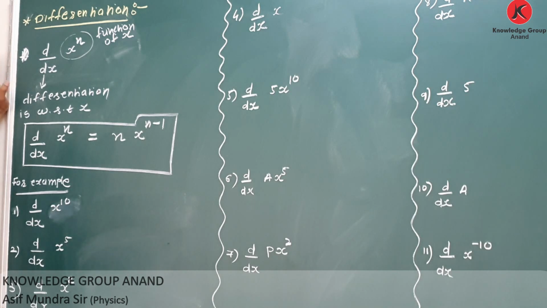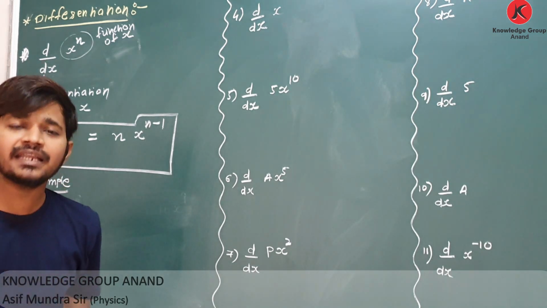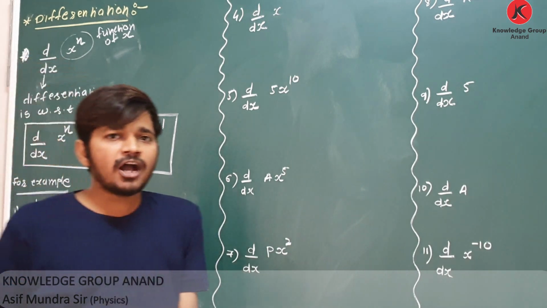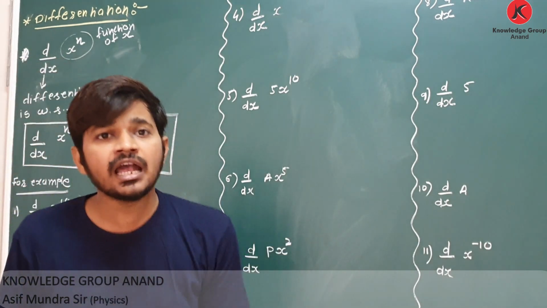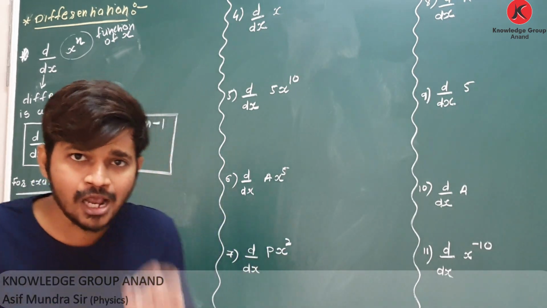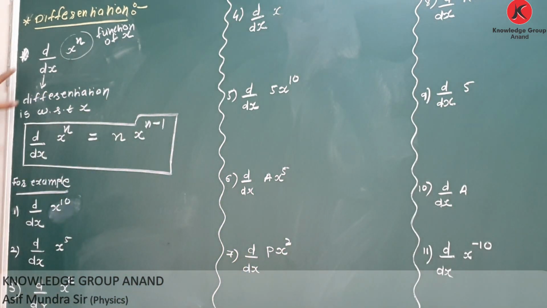If I write d upon dt, then it is differentiation with respect to time. If I write d upon dv, then it is differentiation with respect to v.